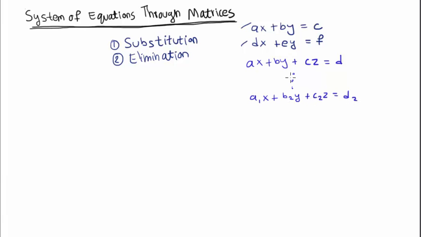I mean, if I have 3 equations and 3 unknowns, I'm going to have a lot of trouble if I'm just going to do substitution and elimination each time. It's still not that bad for a 3 by 3, but if the numbers aren't that good, elimination can be a hassle. I have to keep track of all the things that I'm multiplying the equations by, and it just becomes a time-consuming process.